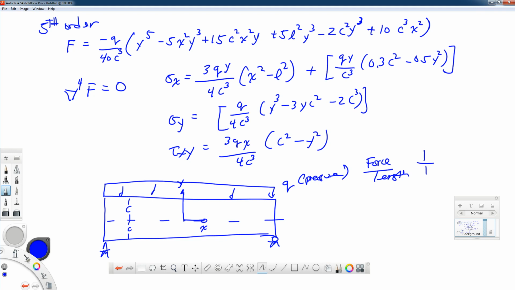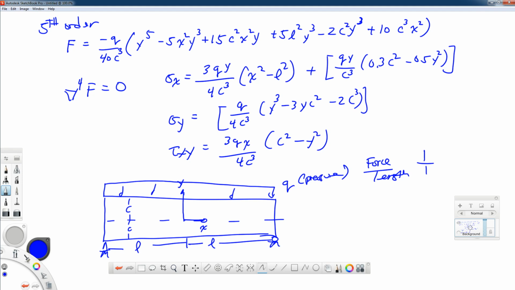Alright, so there are a lot of interesting things that you can look at. I'll let you dig into this one in more detail. You can verify that I wrote down the stresses right from that Airy's stress function. You can verify that del fourth F does equal 0 in this case. And then you can take a look at the edges, and I need to make sure I write my definition of L. It's a beam of length 2L.